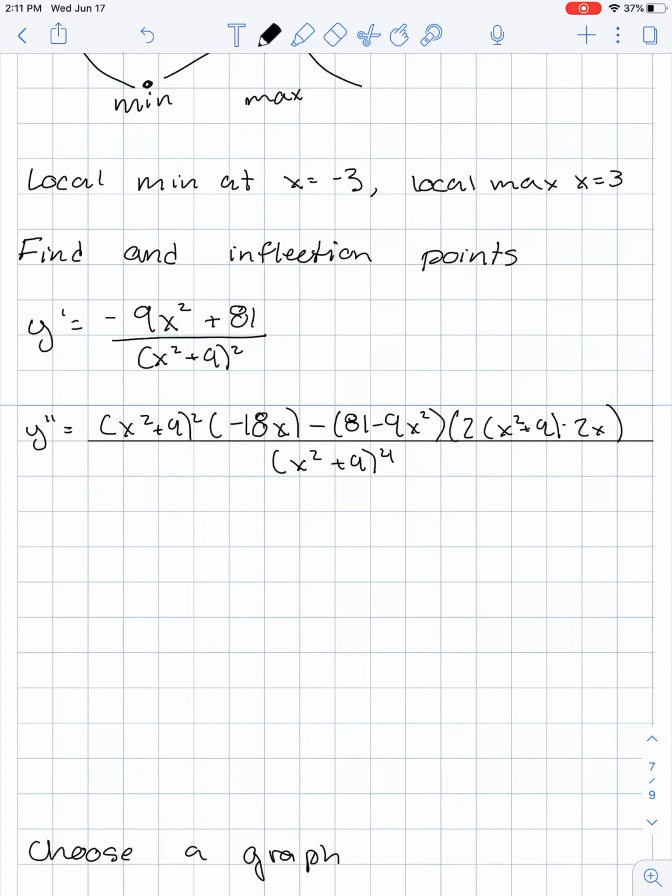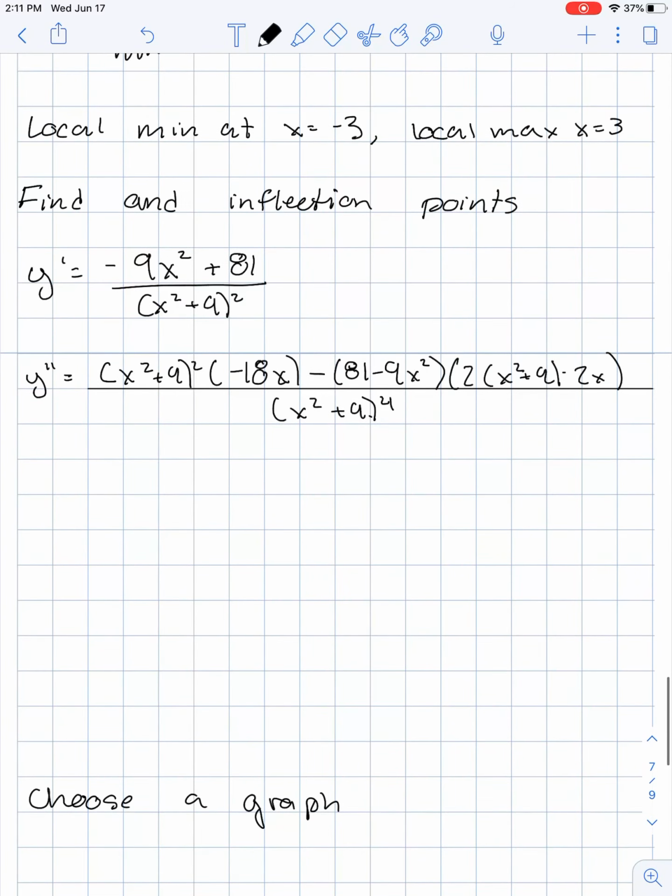So we need to find when this hoo-ha equals 0. Well, my denominator can never equal 0, just like it couldn't last time. So I'm just going to set the numerator equal to 0.